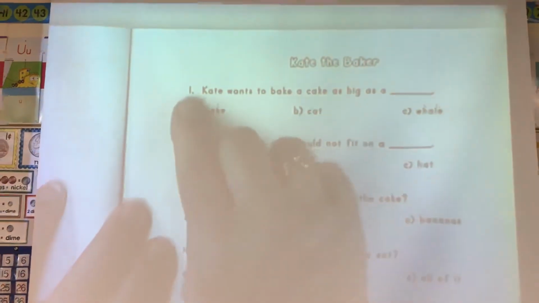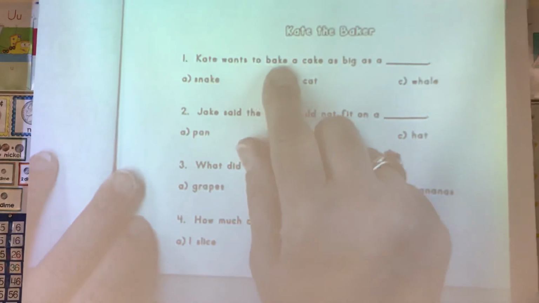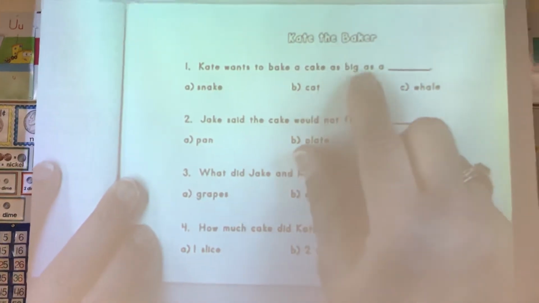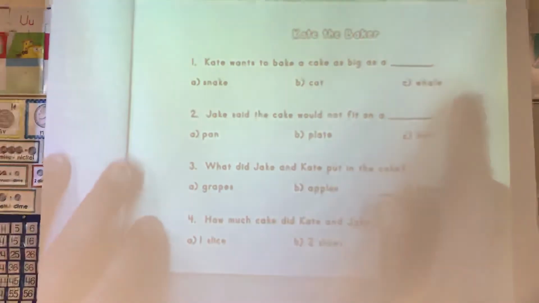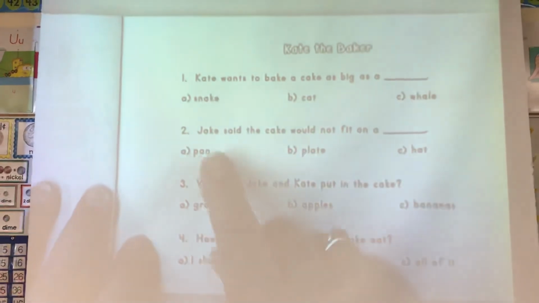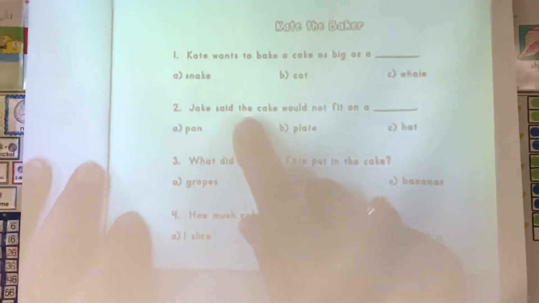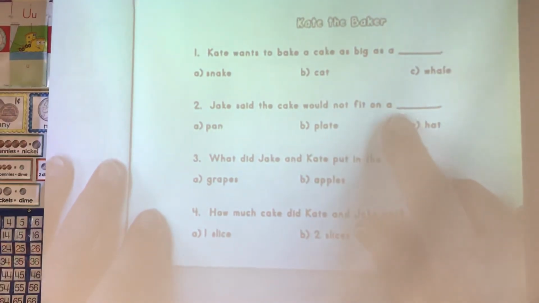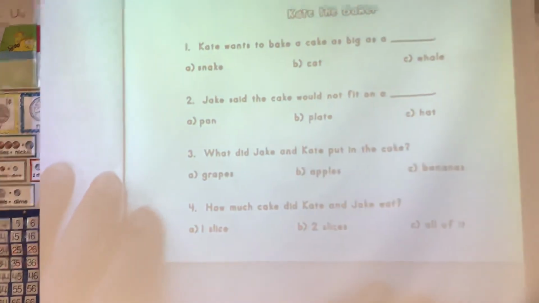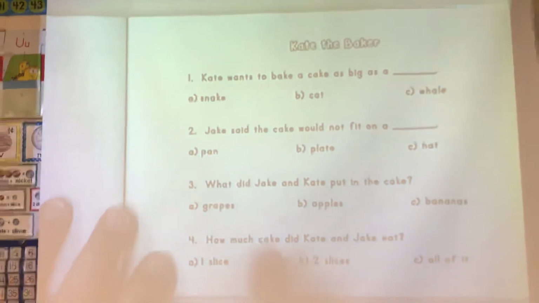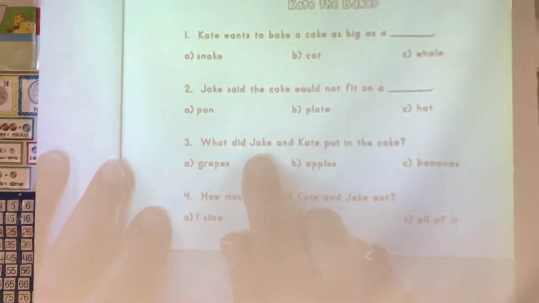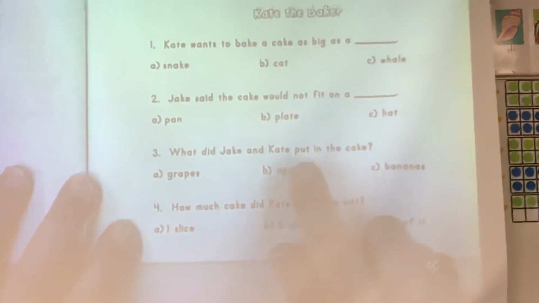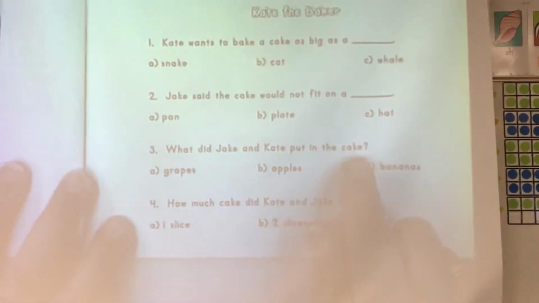All right, it says Kate wants to bake a cake as big as a... you circle your answer. Jake said the cake would not fit on a... you circle your answer. What did Jake and Kate put in the cake?